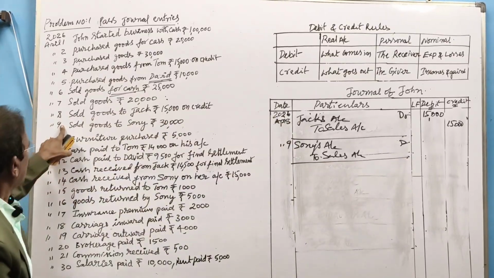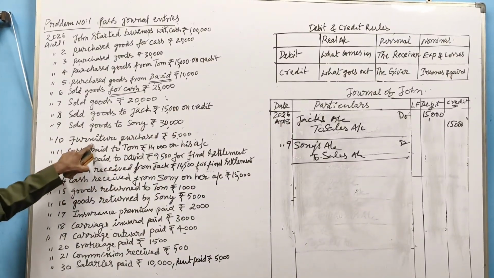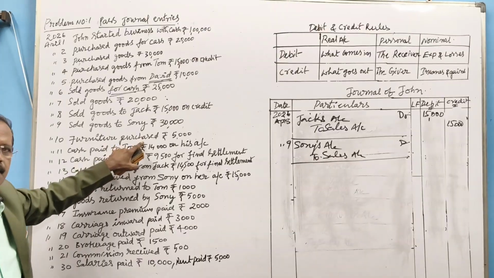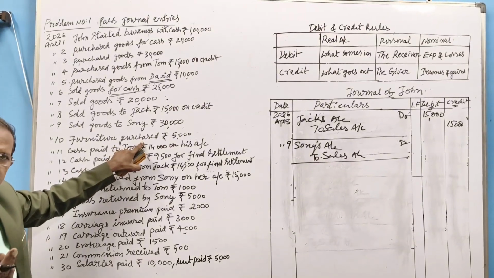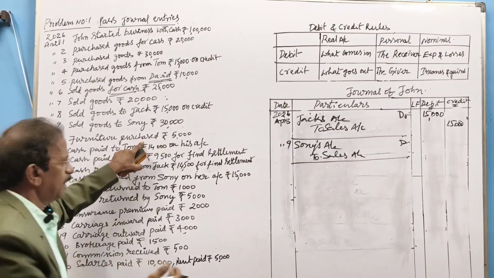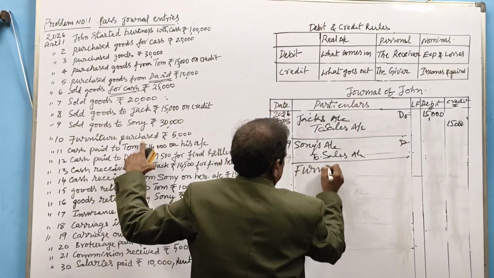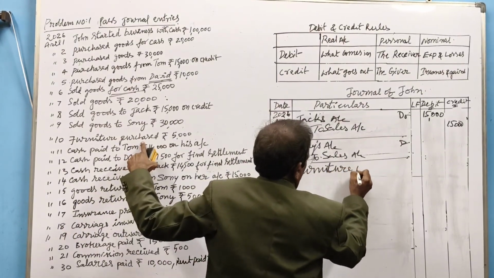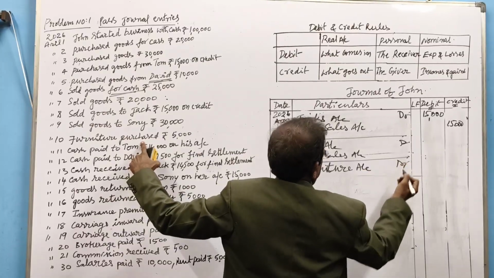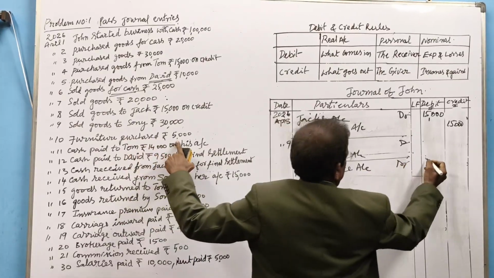Then coming to this, furniture purchased. Furniture purchased. What is coming? Furniture. Write that one. Furniture account debit 5,000.